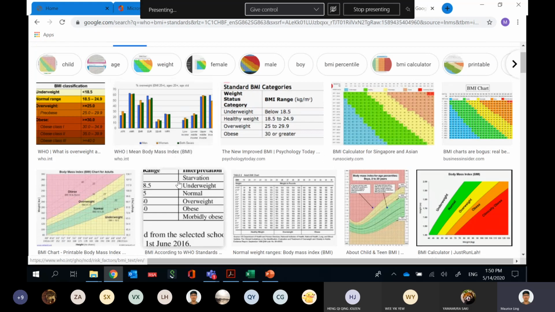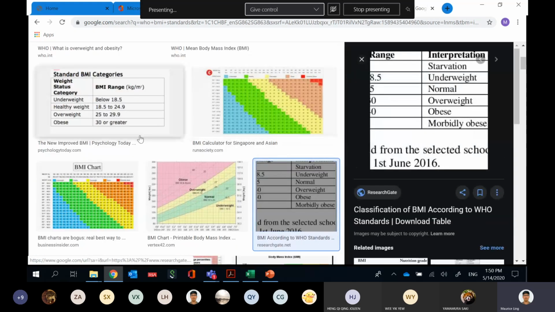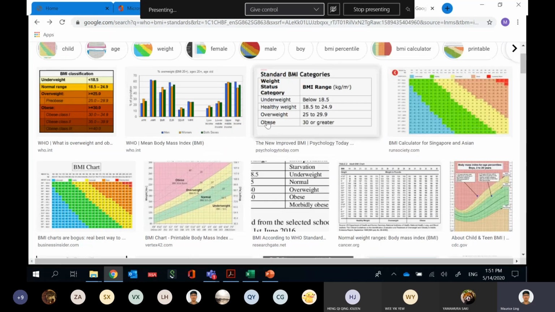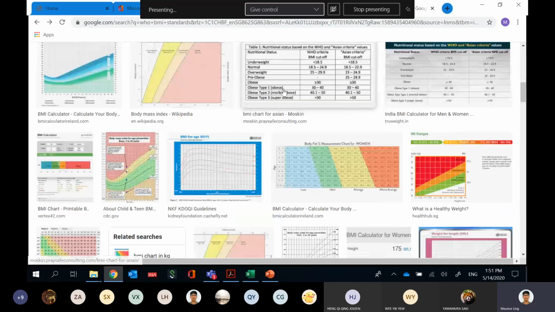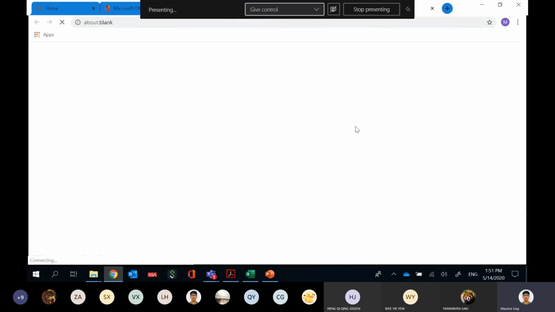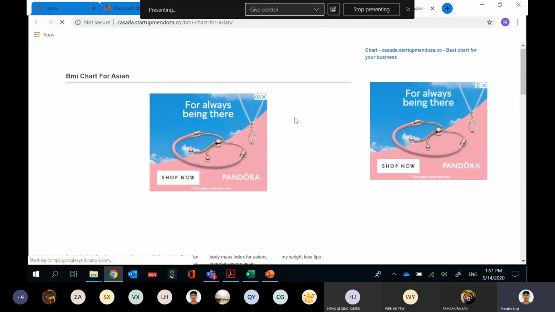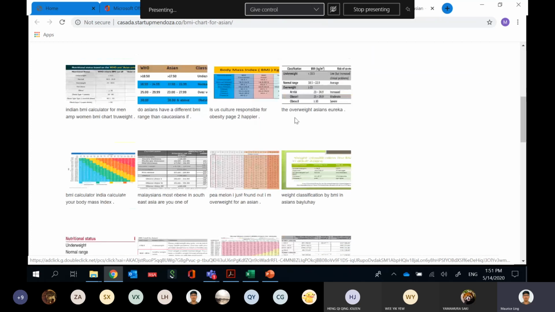Okay. Yep, this is a simple one to read. Underweight. No, no, no. Okay, so let me just figure out another table for you. Okay, this is quite an easy chart for you to read about obesity.